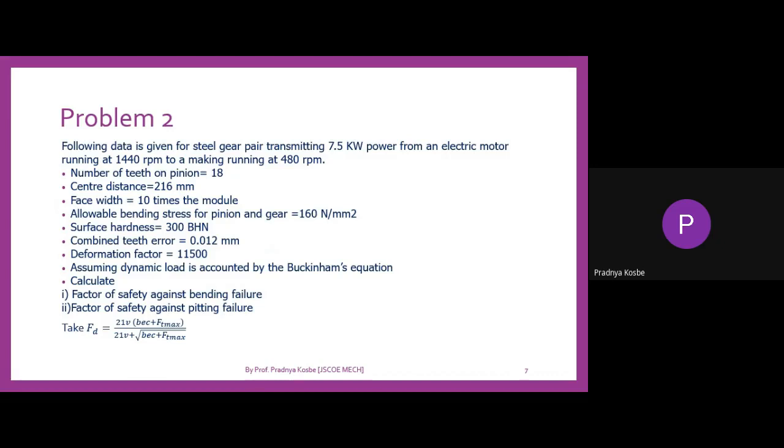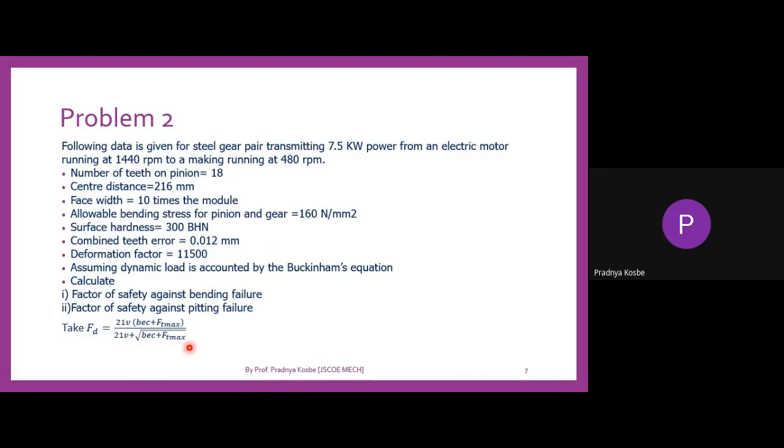Take Fd equal to 21V(BEC + Ft max) divided by 21V + under square root (BEC + Ft max).